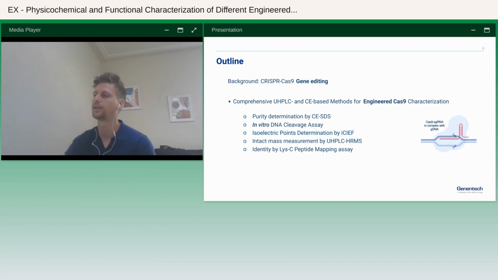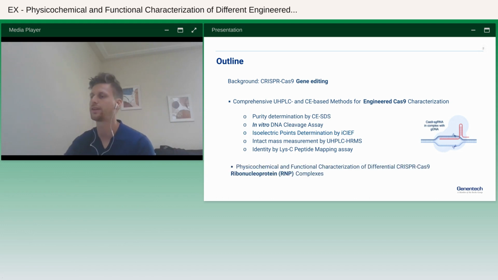So we will see how we can determine the purity, the biological activity, how we can determine the isoelectric point, and how we can use mass spectrometry to have some information about intact mass, or even how we can do some peptide mapping on the Cas9 proteins. And the second part of this talk will be about physicochemical and functional characterization of RNP complexes.